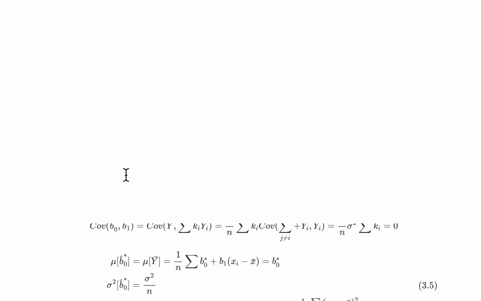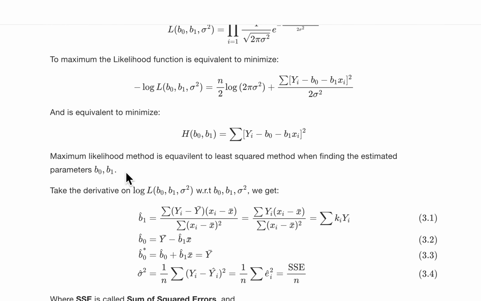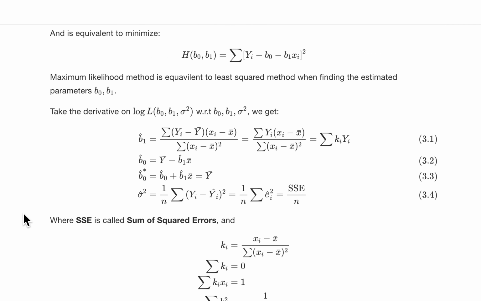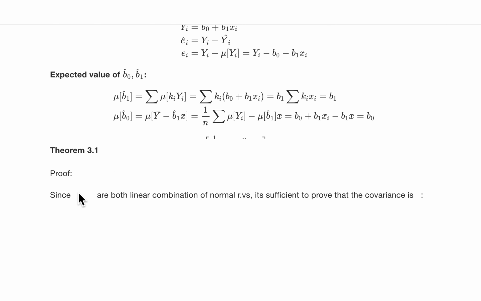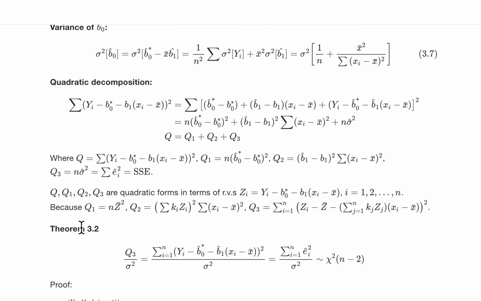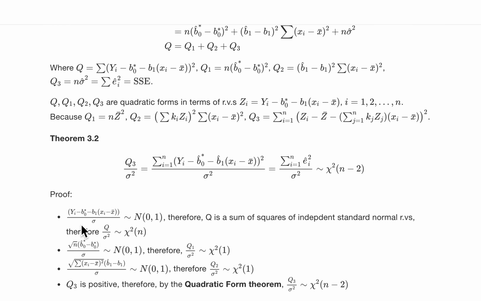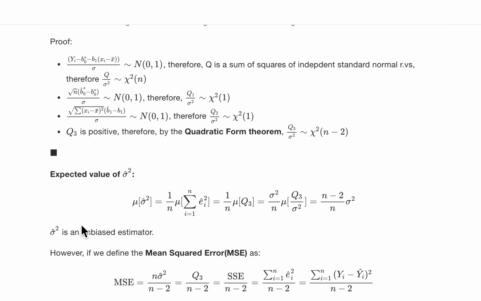That's all I want to talk about here today for one predictor variable. Let's just go with a brief summary. First we found the estimators and then we found the relationships of those parameters, and we can find unbiased estimators for all the parameters b0, b1, and sigma squared, and also their variances.